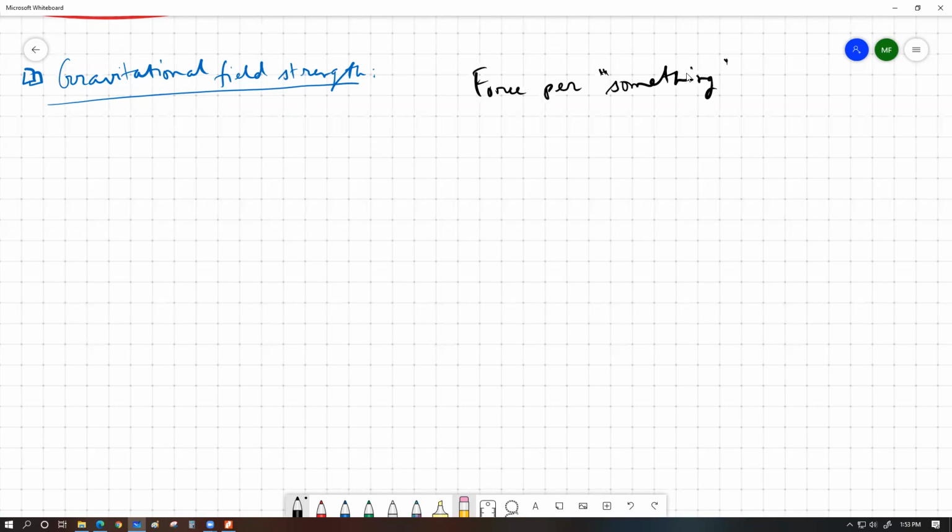Whenever we're dealing with gravitational field strength, this one is force per mass, because gravitational force works with masses. If you have electric field strength, which is going to show up in a later chapter, this is going to be force per charge. Now, because charge can be plus or minus, we go for force per unit positive charge. So that's the difference. Field strength generally means force per something. If it is gravitational field strength, it is force per mass.